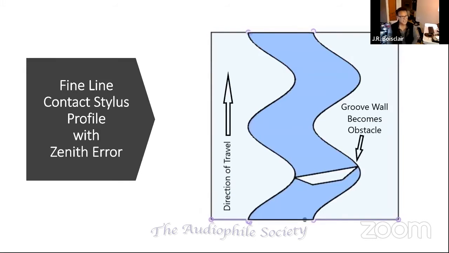But if it's exhibiting a zenith error, it starts to behave like an elliptical or a spherical if it's really bad. What's happening here is that now this misaligned fine line contact stylus on its zenith is getting pinched. It cannot make its way through this groove any longer unless it comes upward. Is that clear? Mm-hmm. Okay.